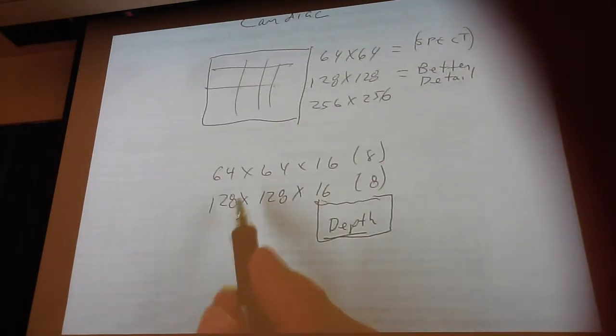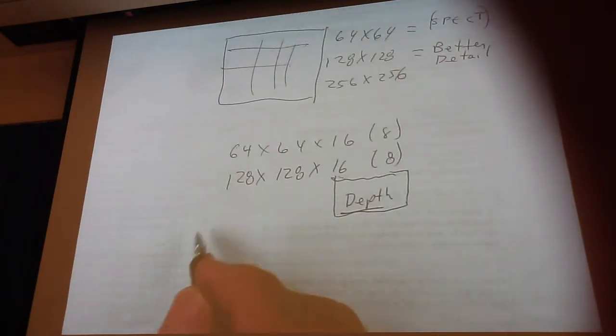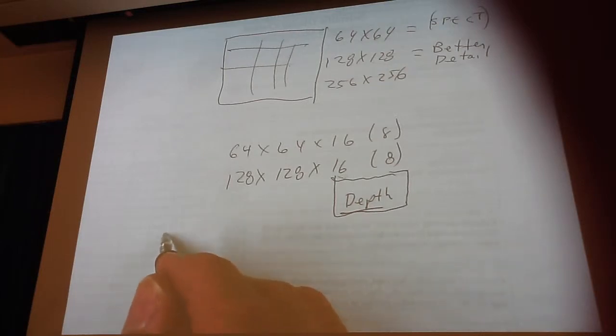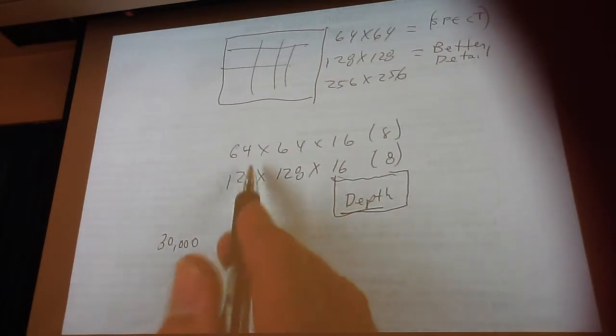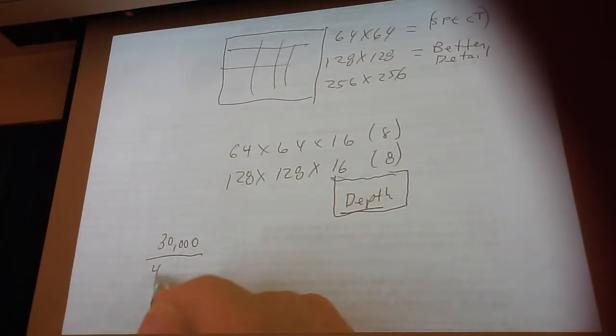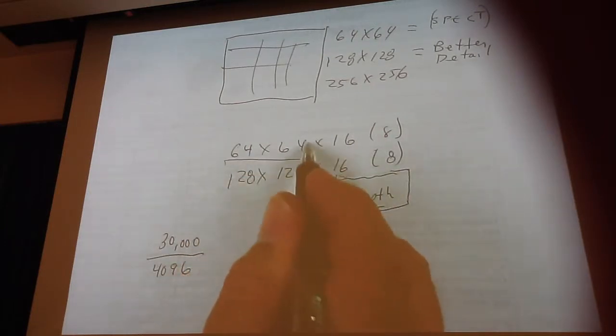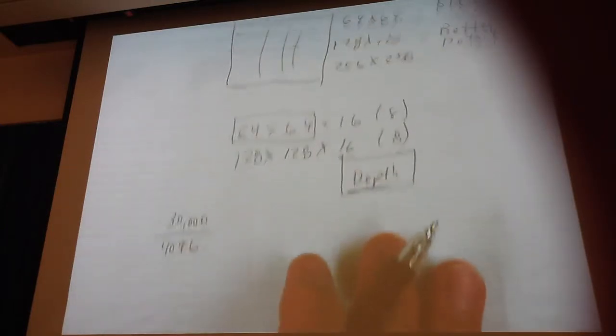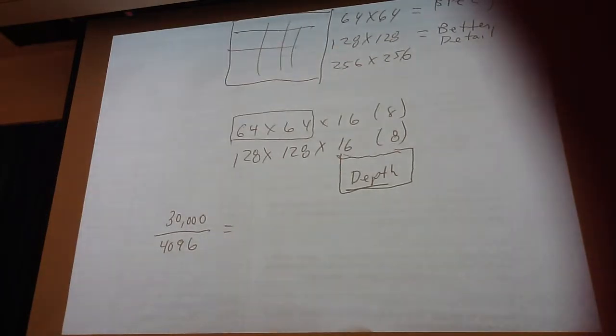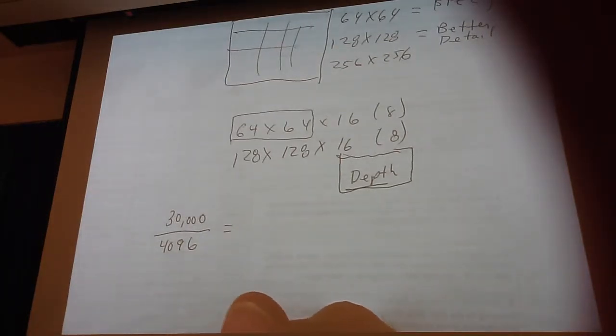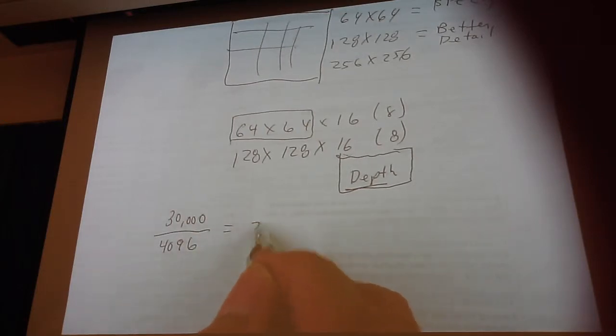But going back over here, okay, if we had 30,000 counts, and I divide it by 4,096, because that's what 64 by 64 is equal to, how many counts would I have in each pixel? 7.3 counts per pixel?